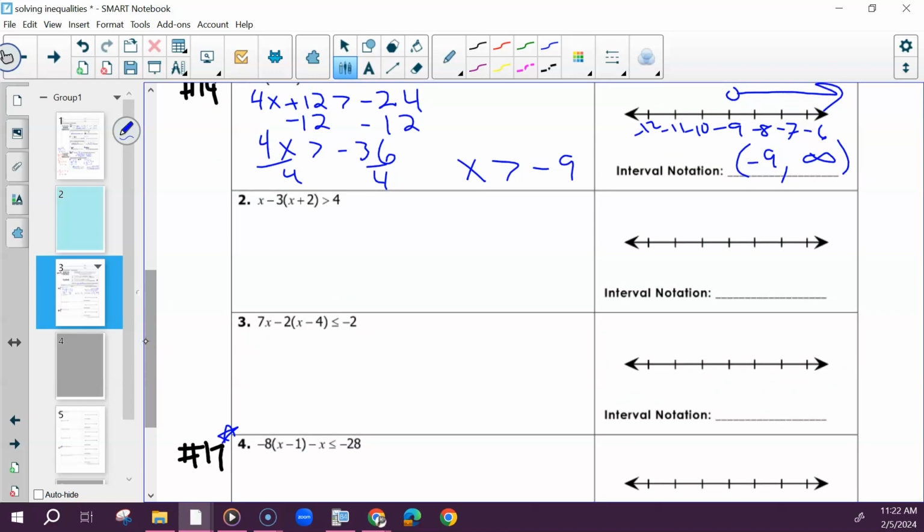Go ahead and distribute that. So x minus 3x minus 6 is greater than 4. Combine our like terms. Get rid of 6 by doing what? Adding.